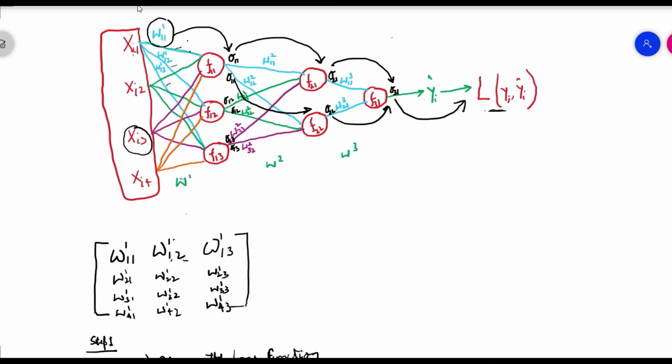So this diagram just explains how the loss function is impacted by the output 3.1, and output 3.1 is in turn impacted by output 2.1 and output 2.2, and output 2.1 and output 2.2 are both impacted by output 1.1, and output 1.1 is further impacted by our weight W111. All the 12 weights that are there in this matrix have the same kind of impact at the W1 level as we see it for W111.